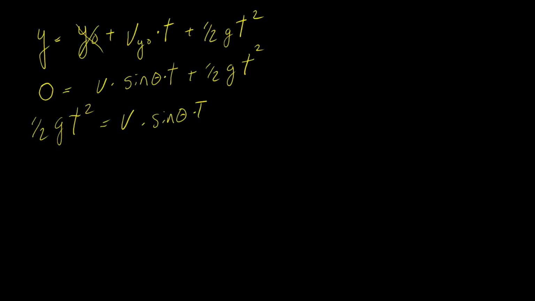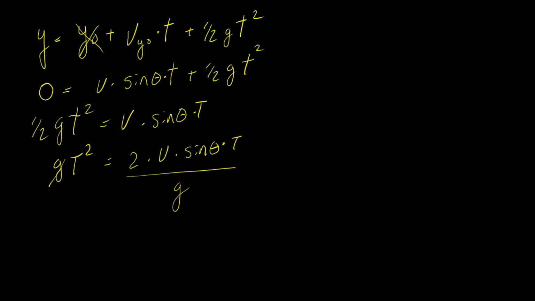Now let's multiply both sides by 2. Divide both sides by g. So t squared equals 2 times v times sine theta times t divided by g.